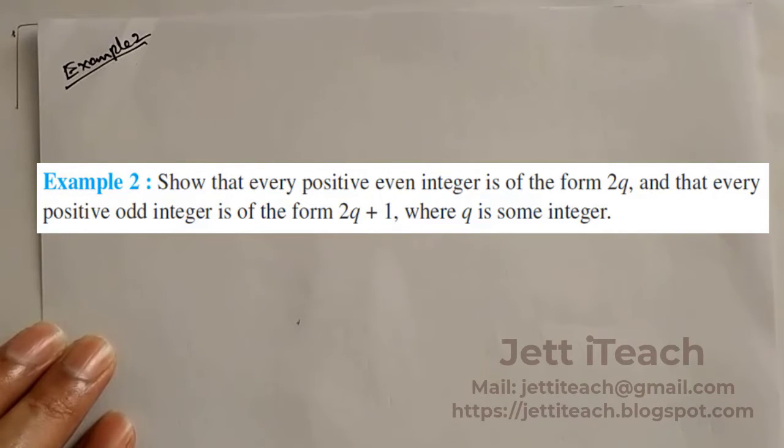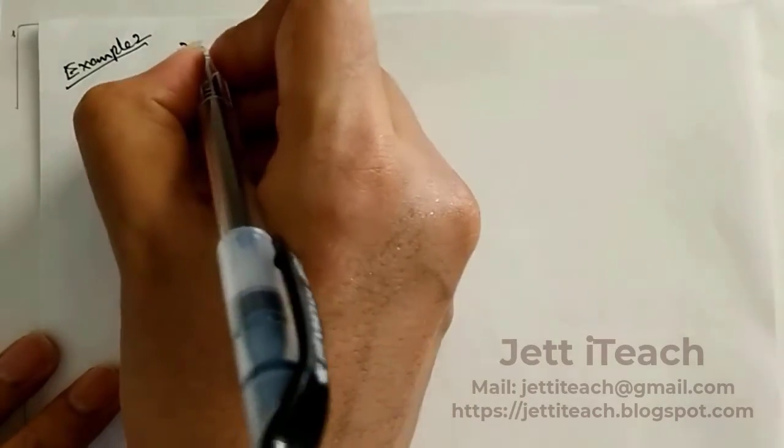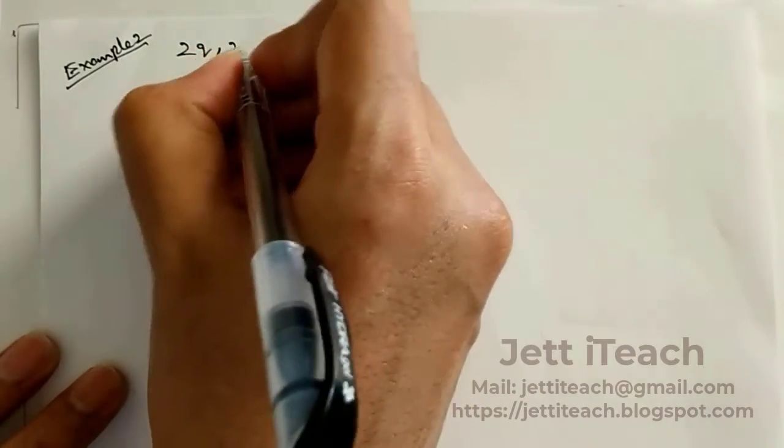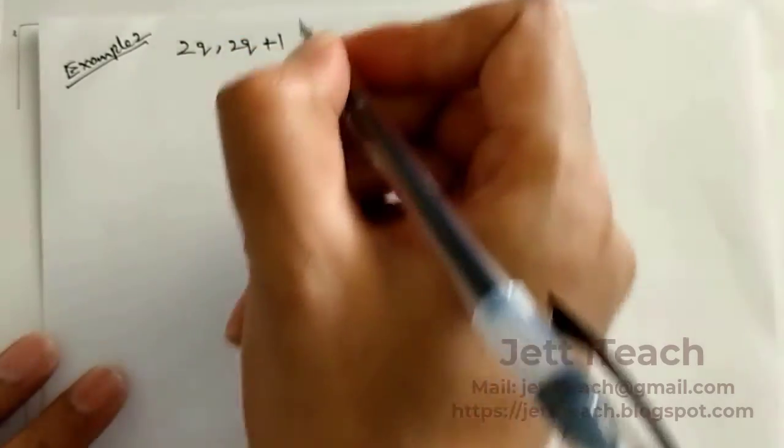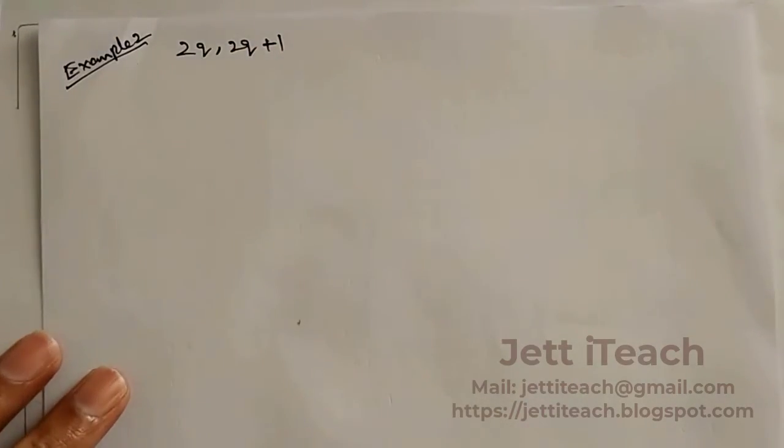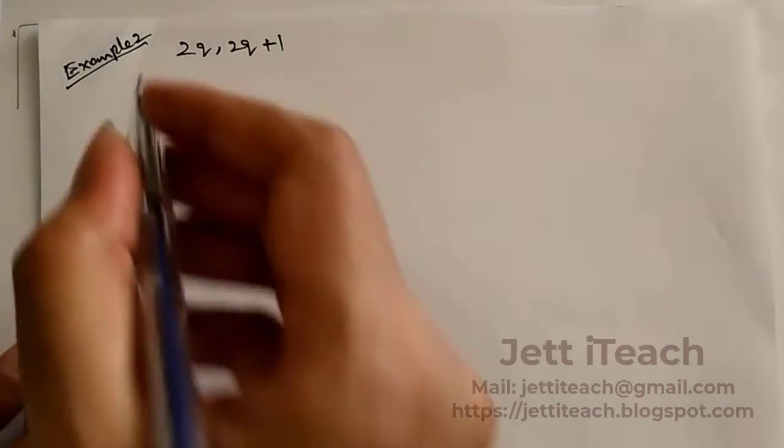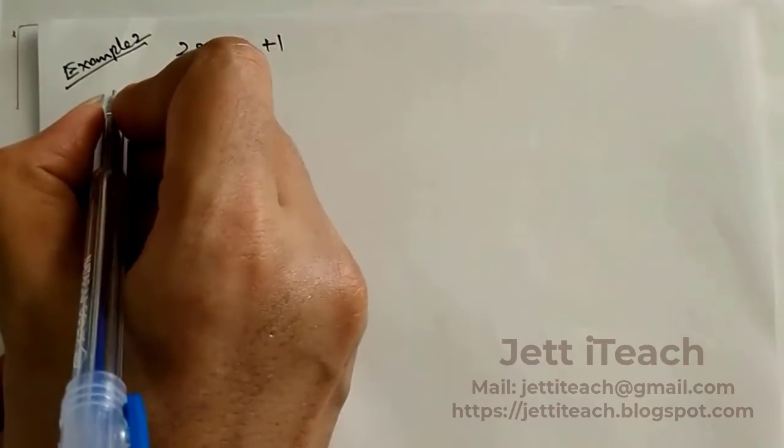Okay, we need to show that every positive even integer is of the form 2q and that every positive odd integer is of the form 2q plus 1. We will use Euclid's algorithm.